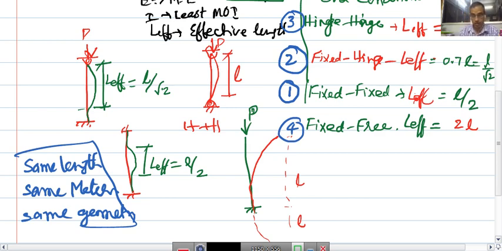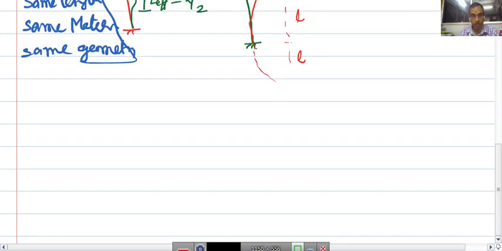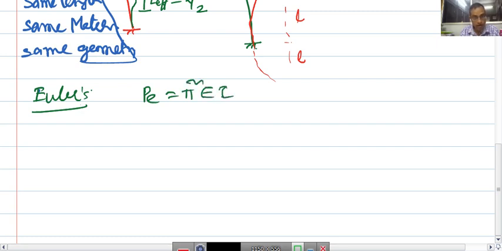So, we said this. Then after that we also said something new: although Euler gave me the formula, it has of course limitations. Anyway, before that, P e equal to pi square E I by L square, although L is effective.